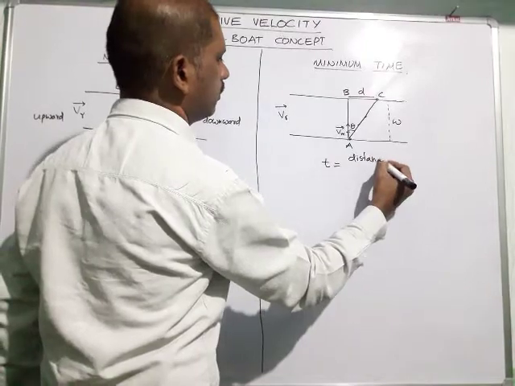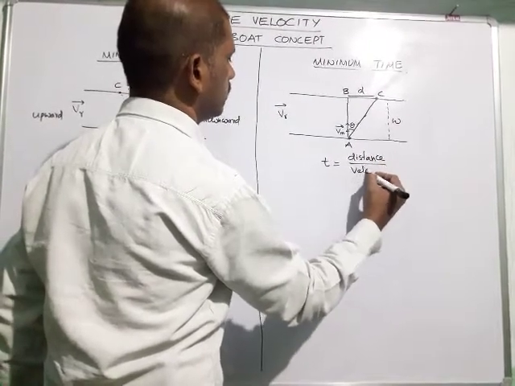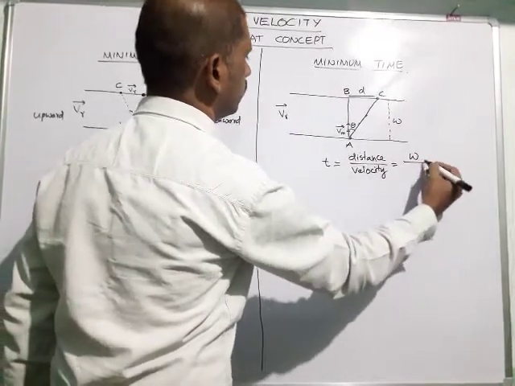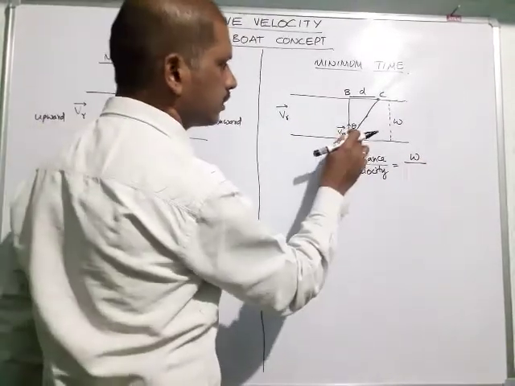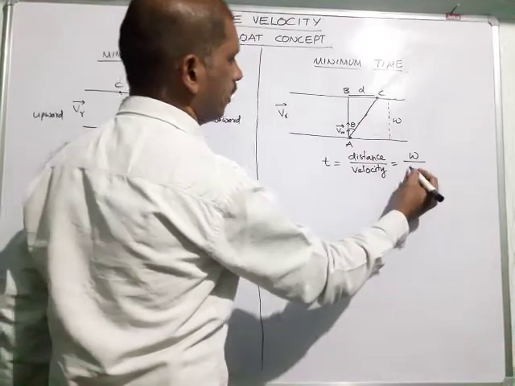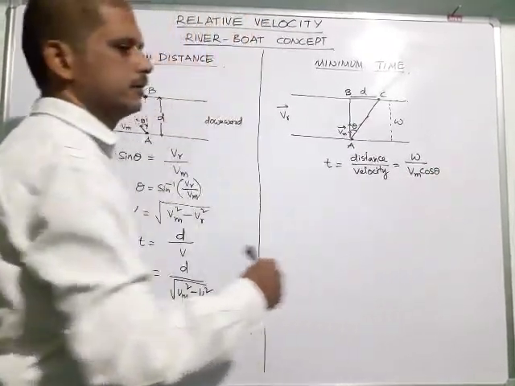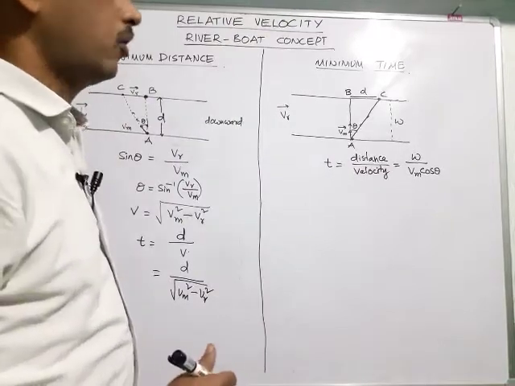if you want to calculate the time period, t is equal to distance by velocity. The distance here is w, and the velocity is this component, Vm cos theta, the horizontal component. So t is w by Vm cos theta.